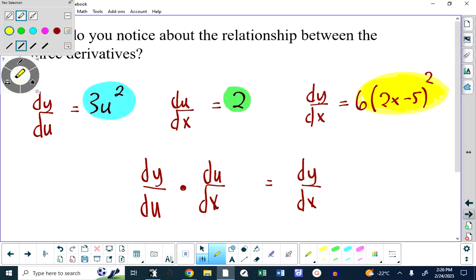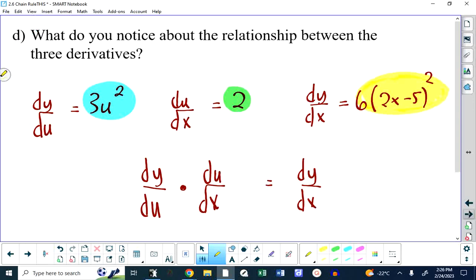Now, as Isaac pointed out, there's a little bit of substitution required to see that. Since u is 2x minus 5, we could put 2x minus 5 in over here for u to show that when you multiply dy du and du dx, you get dy dx.